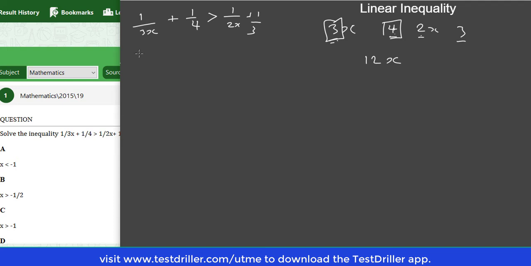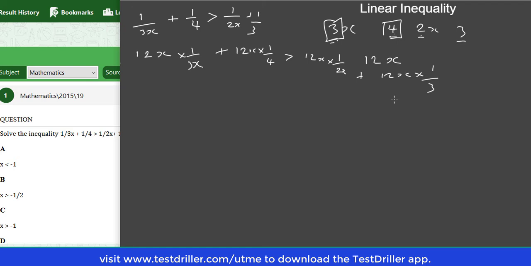So what that implies is you multiply, since we decided to multiply, you just multiply it as follows: 12x times 1 over 3x, then plus 12x times 1 over 4, greater than 12x times 1 over 2x, then plus 12x times 1 over 3.